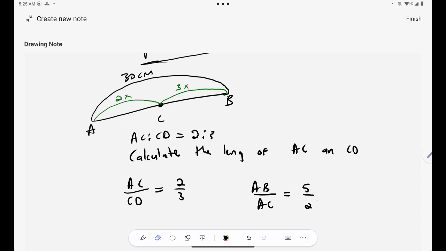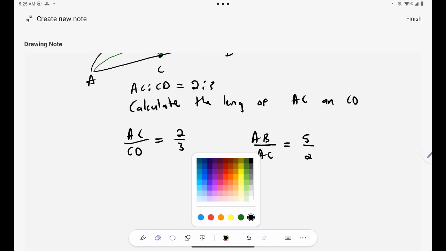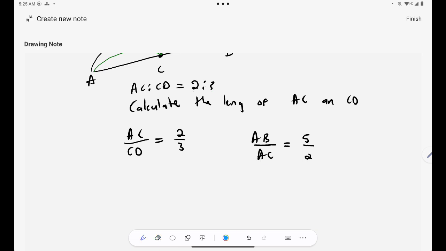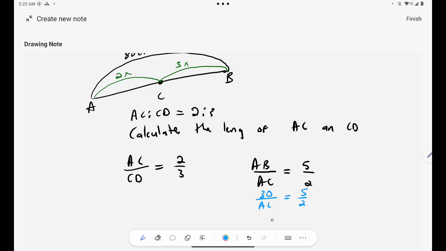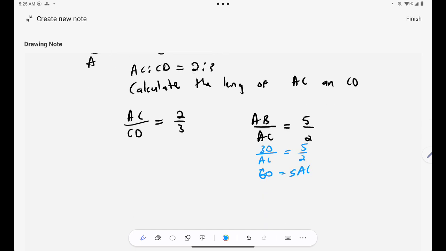So the ratio of AB over AC is equal to 5/2. Whenever I see AB, I'll just substitute 30 centimeters, and then I'll put AC there. Then I'll just cross multiply, and then I'll have 60 equals 5 AC.